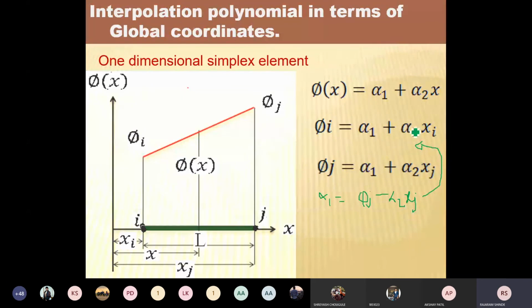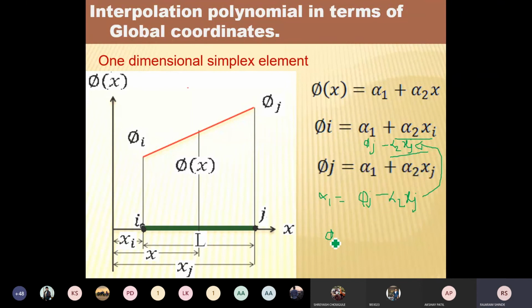Alpha 2 is equal to, here you have phi j minus alpha 2 xj. Do you agree with this? Now I will take these two terms on this side. Or you can take this phi j on this side.